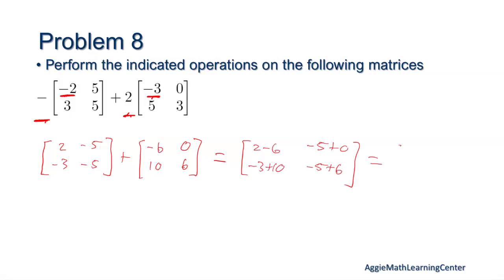So if we were to simplify that, 2 minus 6 is -4. -5 plus 0 is -5. -3 plus 10 is 7. And then -5 plus 6 is 1. And that should be the solution. Any questions on adding or doing operations on matrices?